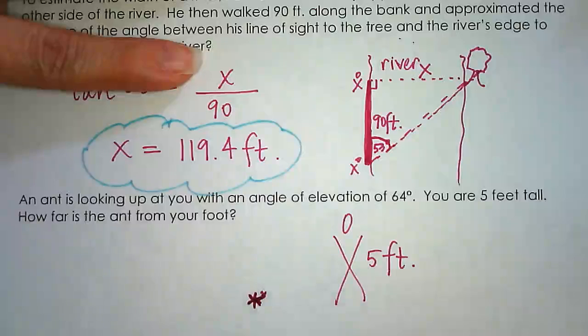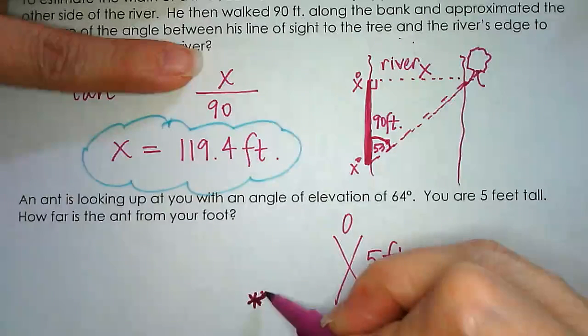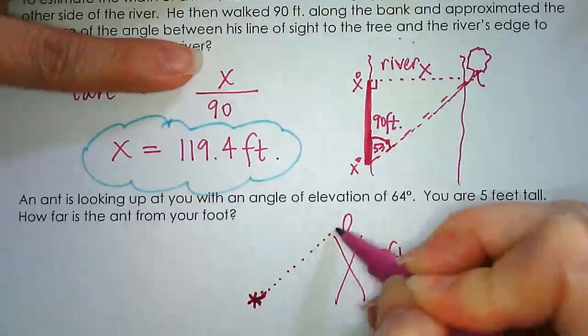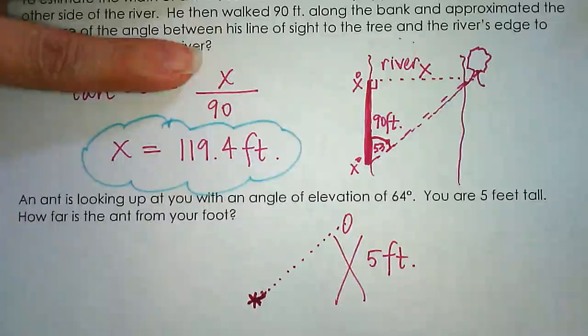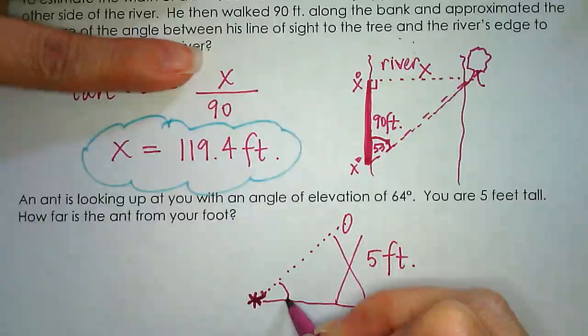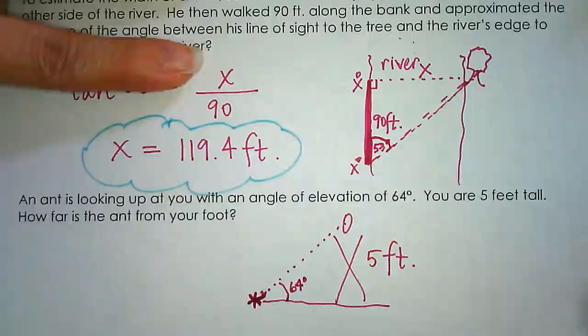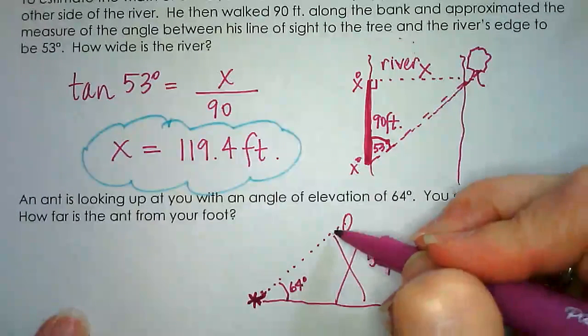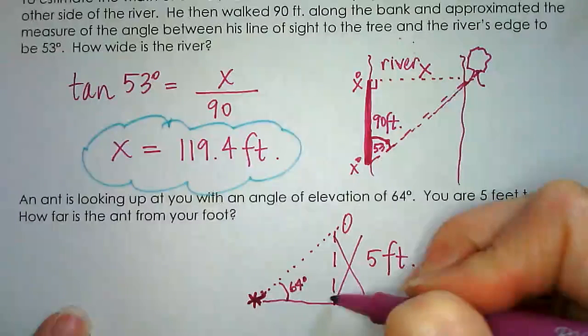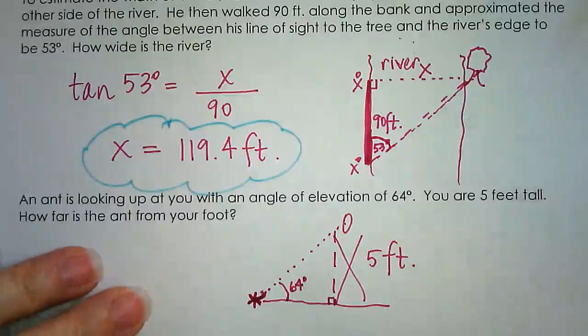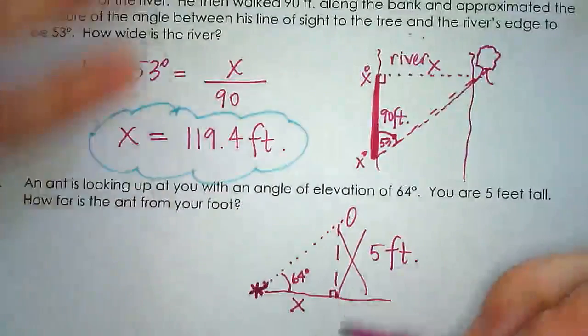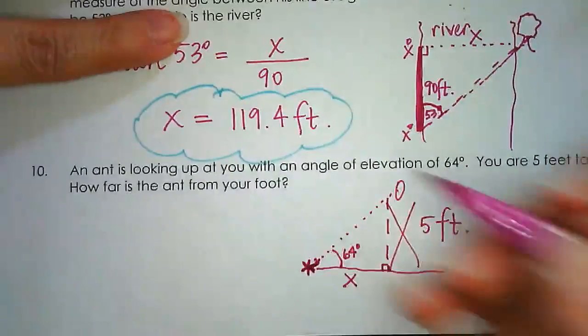So the ant is looking up at you. This is the ant's line of sight, and you're both on the ground here. The angle of elevation, this right here, is 64 degrees. You're 5 feet tall. So the question is, how far is the ant from your foot? This looks like tangent to me.